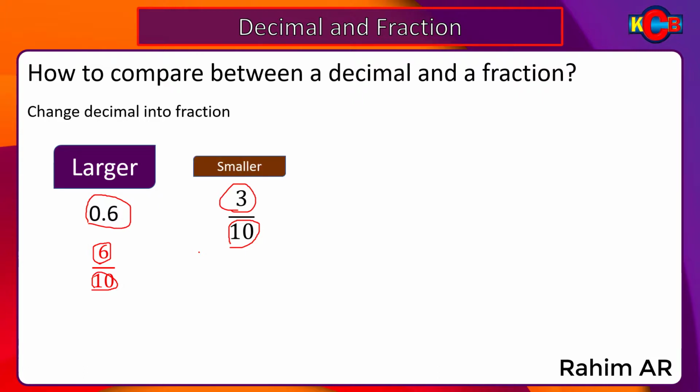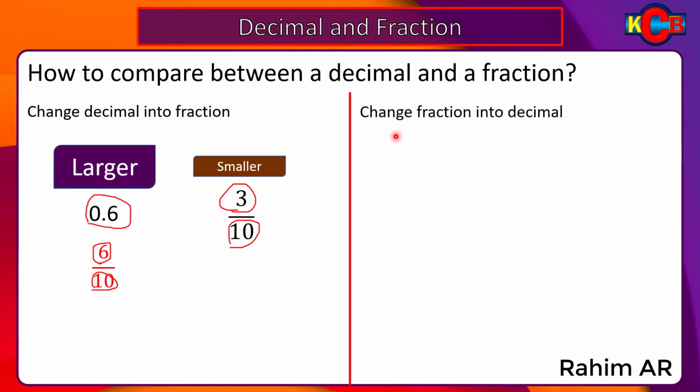Then, another way we can compare between a decimal and a fraction is we change the fraction into a decimal. Here, we have 4/10 and 0.9. Now, we change 4/10 into 0.4.